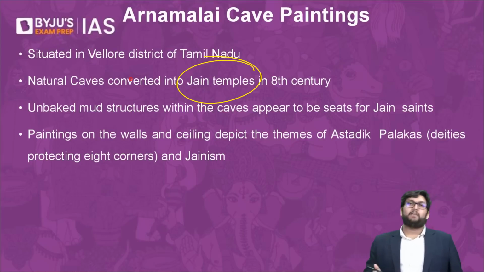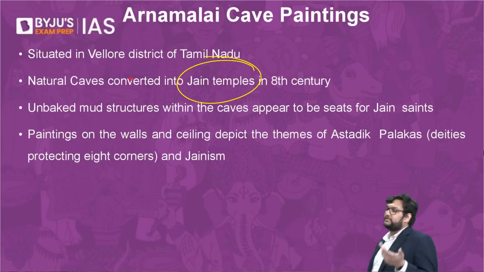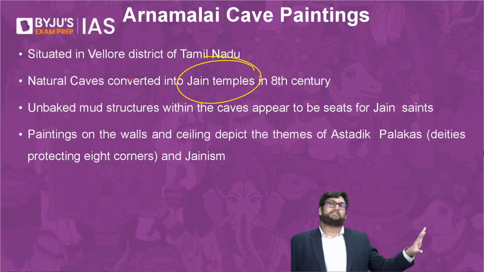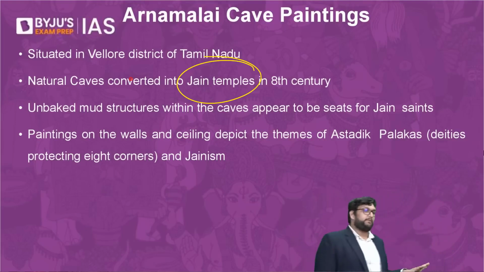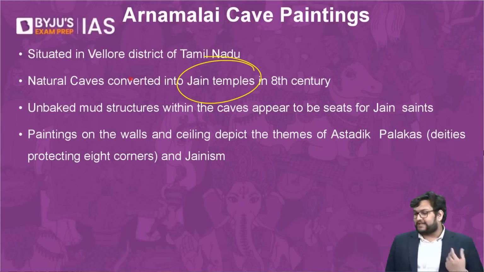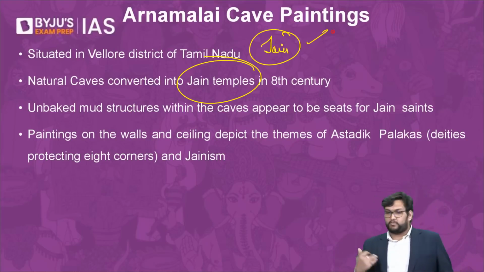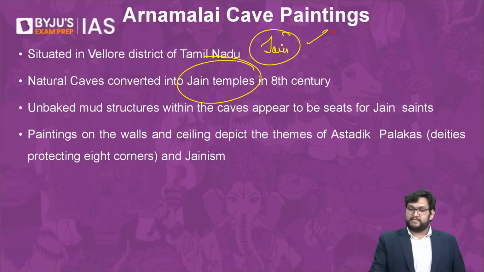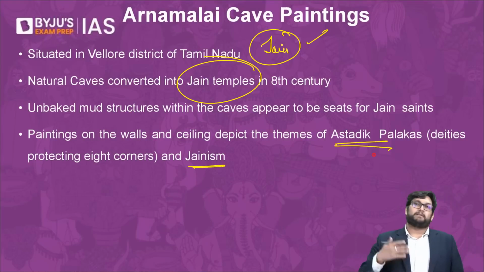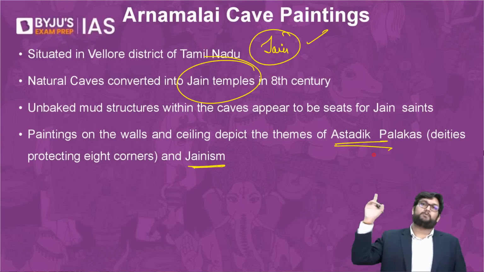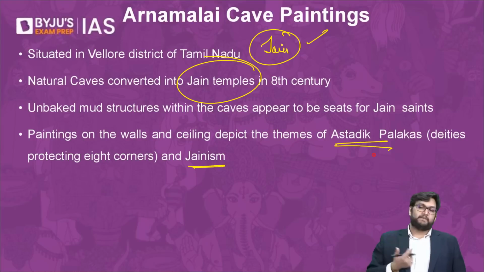They are Jain caves where the paintings were made in a very obscure section of these caves. Some of them are actually natural caves. But the fact is, with Arnamalai caves, you just have to remember Jain. This will help you generally in answering questions. But here you have the Jainism influence. You have the aesthetic Patalkas, the protecting deities of the eight corners, represented, but not very well.